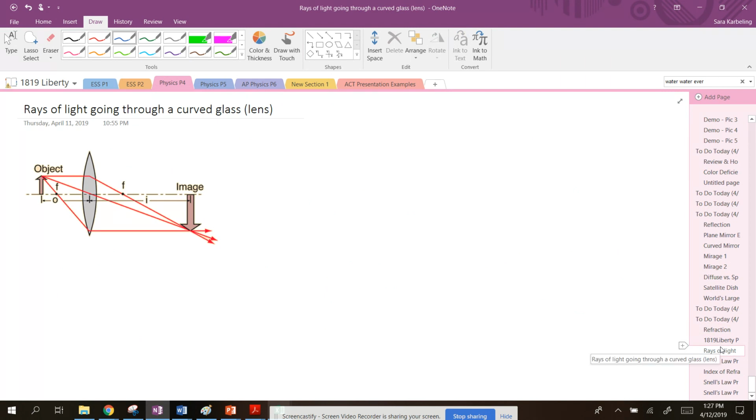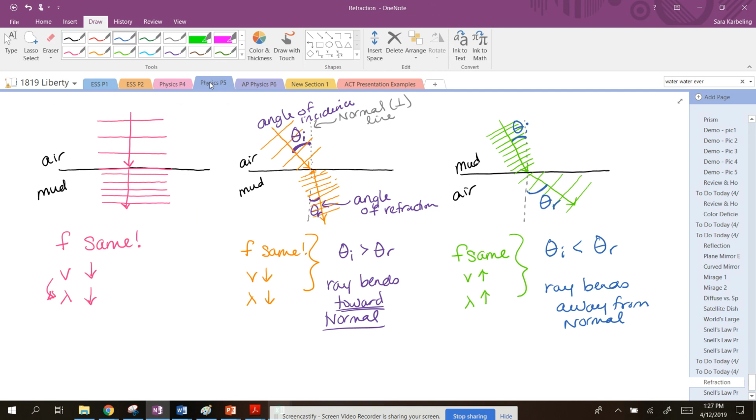When light goes through a lens. So a lens is just a curved piece of glass in this case. It can be plastic, it can be any kind of thing, okay? But we're gonna see literally what happens when light refracts or bends when it goes through lenses, okay? So Shahad has these little lenses.